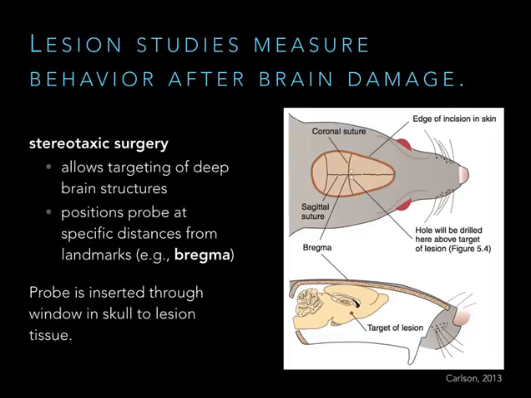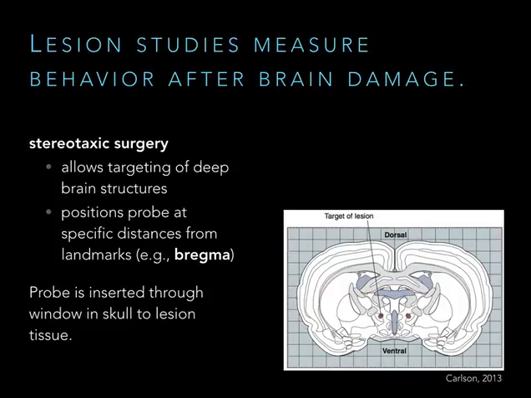So when looking down at the top of the skull, you simply put your stereotaxic probe down on bregma, and then using a stereotaxic atlas, something like this, you can figure out which coordinates your brain region of interest lie at.